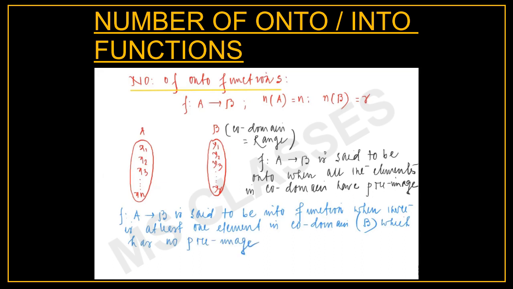That is, if there is any element here which has no pre-image, then it will be at least one element. It can be more than that also.